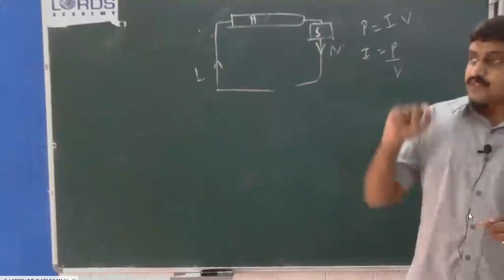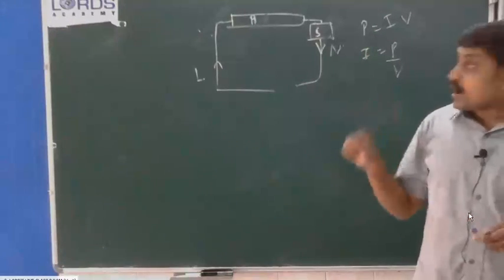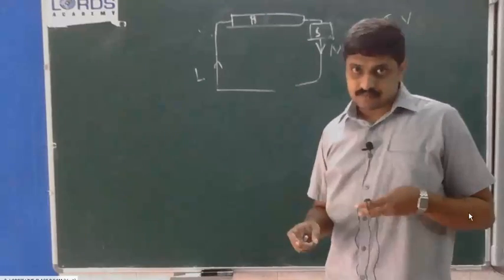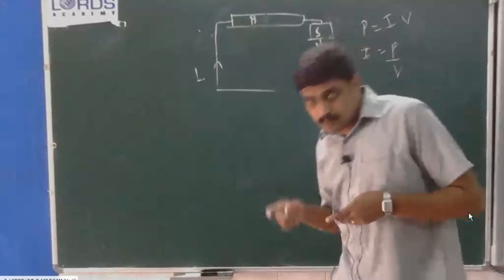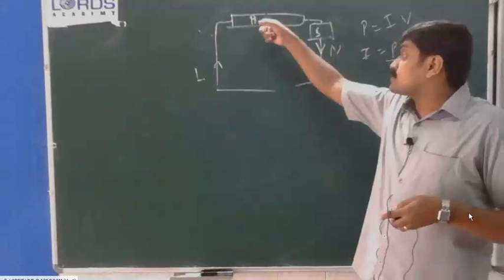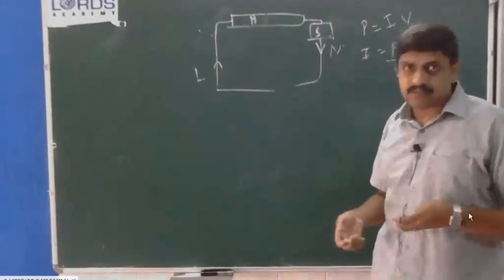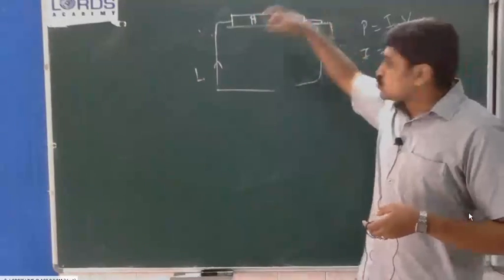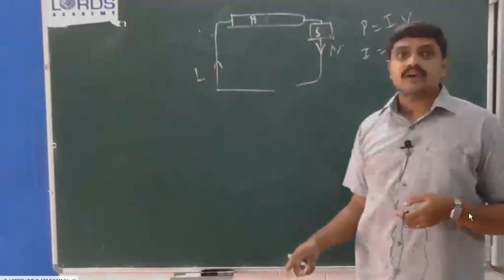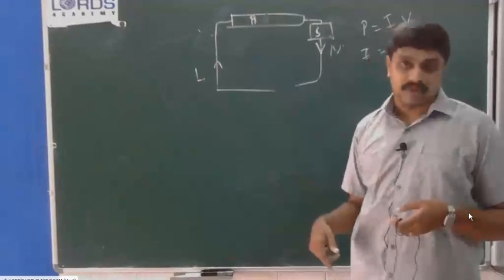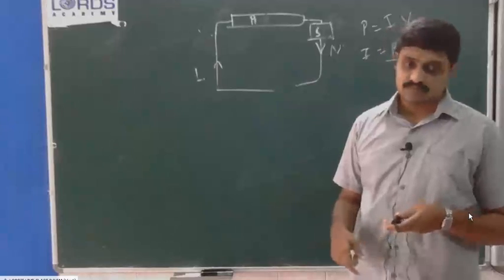But if someone is in contact with the appliance, there is a possibility of getting shock. The circuit gets completed through that person. See, I am touching here, so through me the circuit gets completed, current will flow through me, which means I am getting shock.